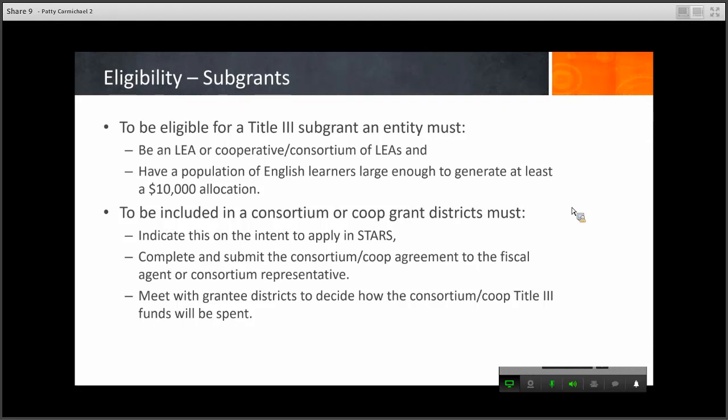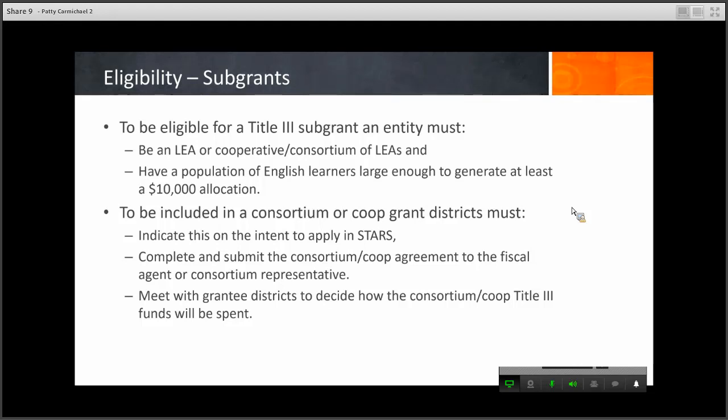Just to give you an idea, the general per pupil amount that is allocated with Title III funds for districts is anywhere from $70 per student up to about $150 per student. So that gives you an idea, if you look at your population of English learners, how much of an allocation you could generate individually as a district.